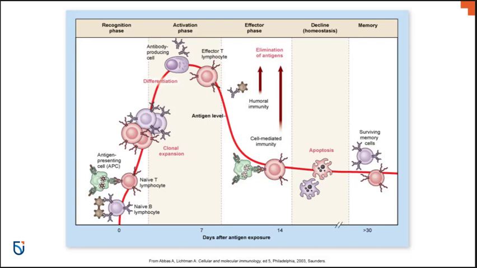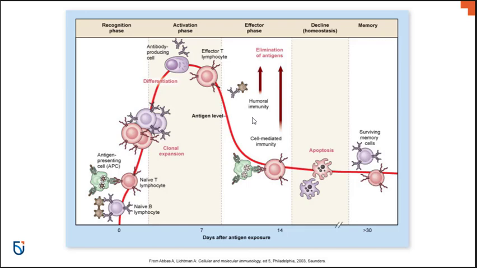This figure summarizes the stages of the adaptive immune response. First, B cells and T cells recognize a specific antigen. Next, the B and T cells become activated, expanding their population by cloning, while differentiating into effector cells and memory cells. Then the effector cells get to work by attacking the source of the antigen.